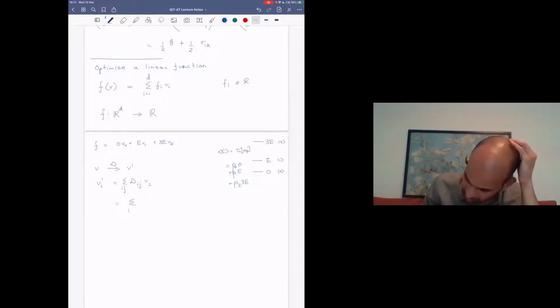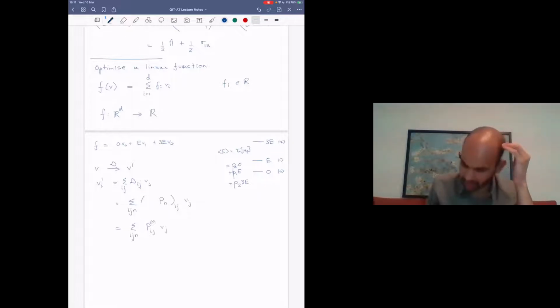So this is going to be the sum over n of the permutations P_n, ij, Vj. I'm going to shift the permutation n as a subscript here. Sorry for the abusive notation.